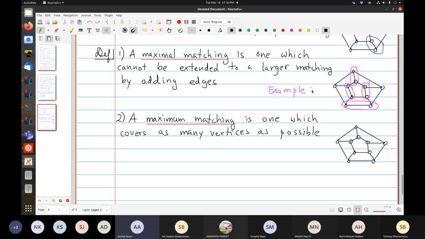So of course, in some other color, there's one obvious maximum matching for this example, which is simply to match all of them pairwise this way. There are many others. So that is an example of that.